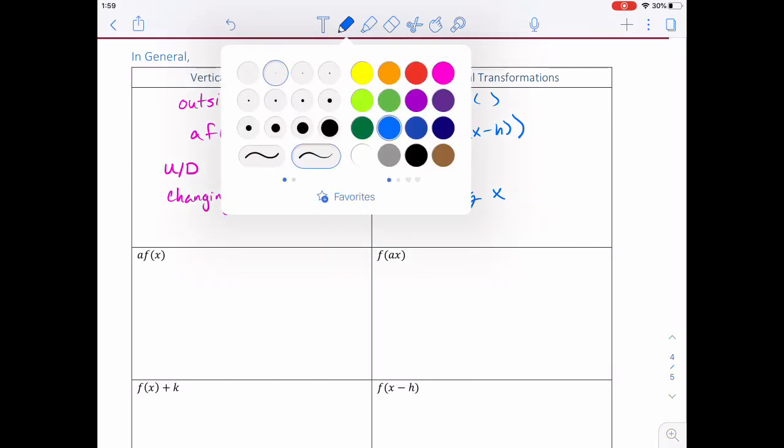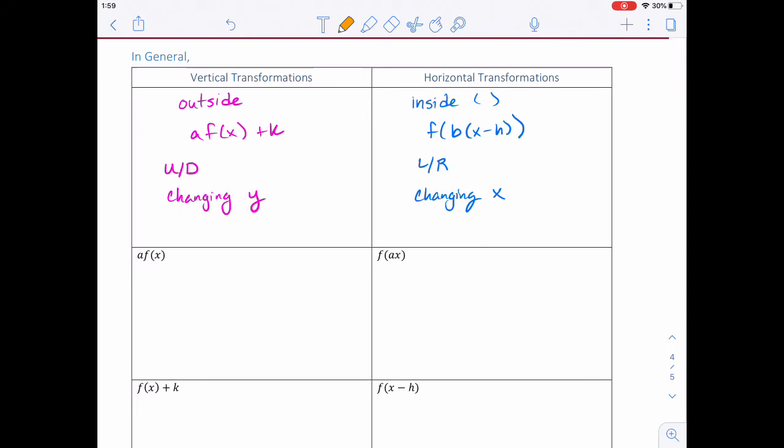So when we have a times f of x, remember if a is less than 0 or negative, we have a flip over the x-axis. If the absolute value of a is greater than 1, then we have a vertical stretch.